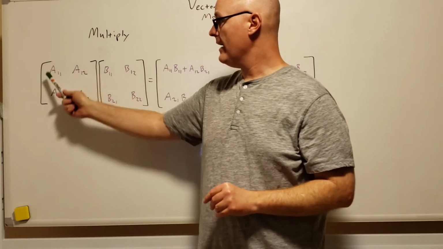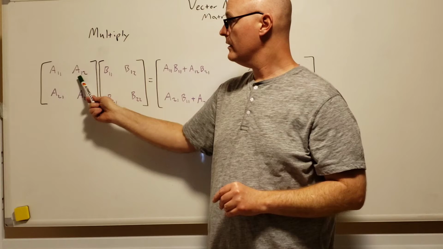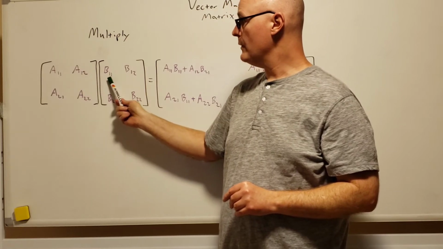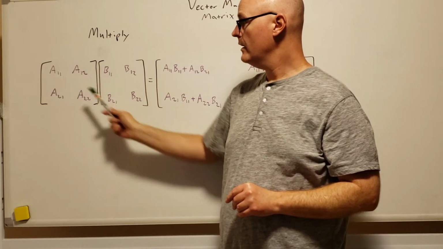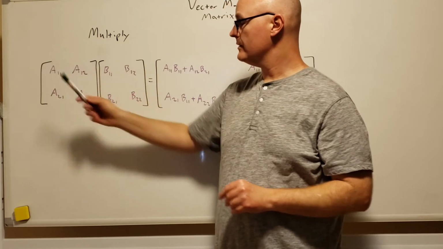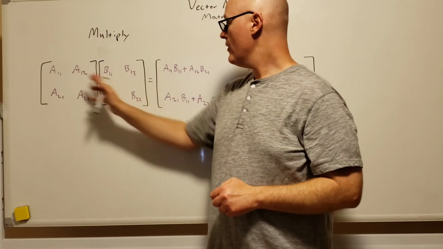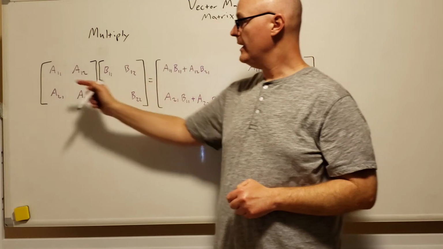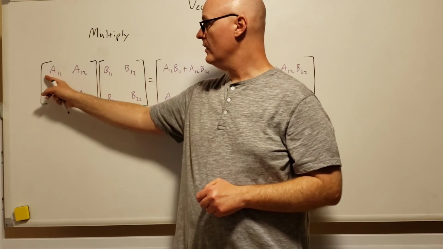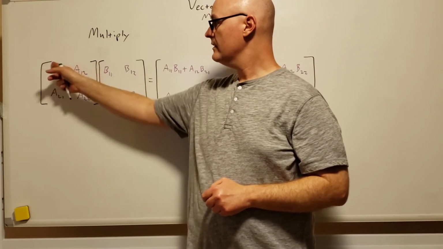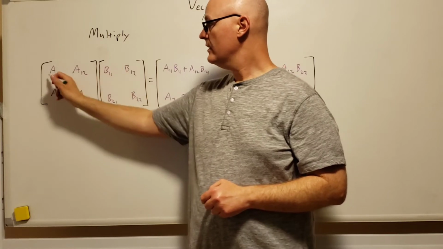All right, so here I have A11, A12, B11, B21. When I multiply these two matrices together, the first element is going to be the dot product of this set and this set.